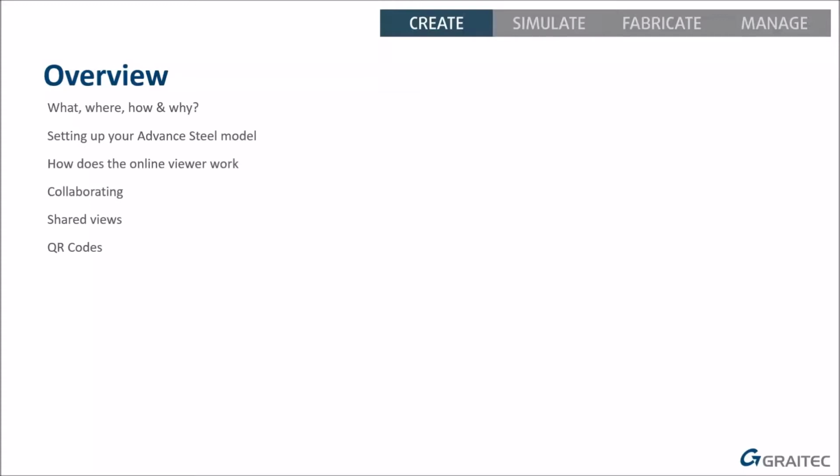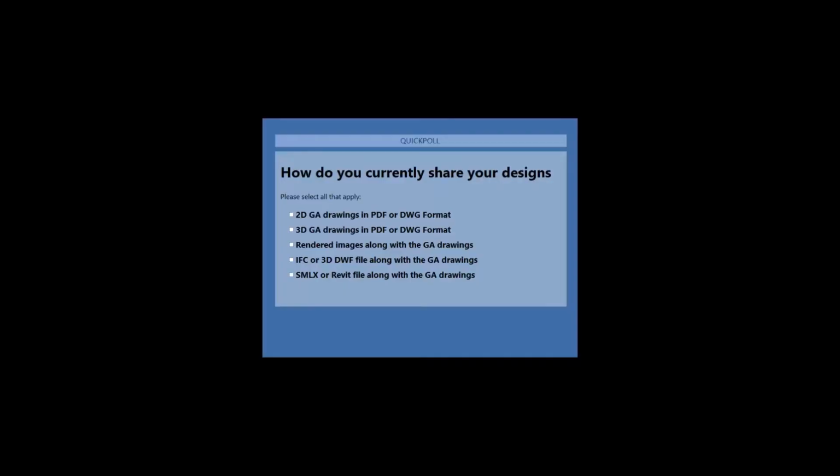Now, before we do this, I'm just going to run a couple of polls. So the first poll I'm going to run, I've launched it now. If you've got 2 screens, you will need to drag the dialog onto your main screen. It won't let you click on it unless it's on your main screen. But I'm interested to see how everyone shares their design information or how you send stuff out for your approval drawings.